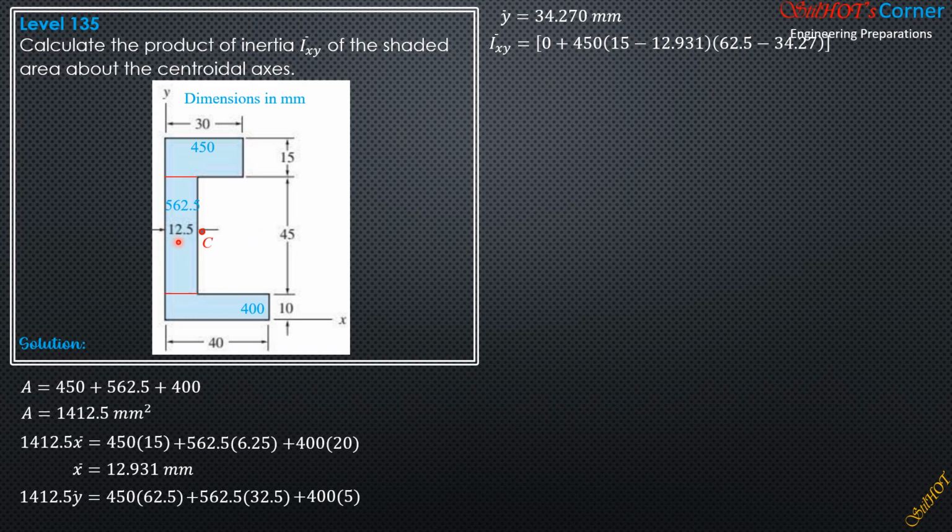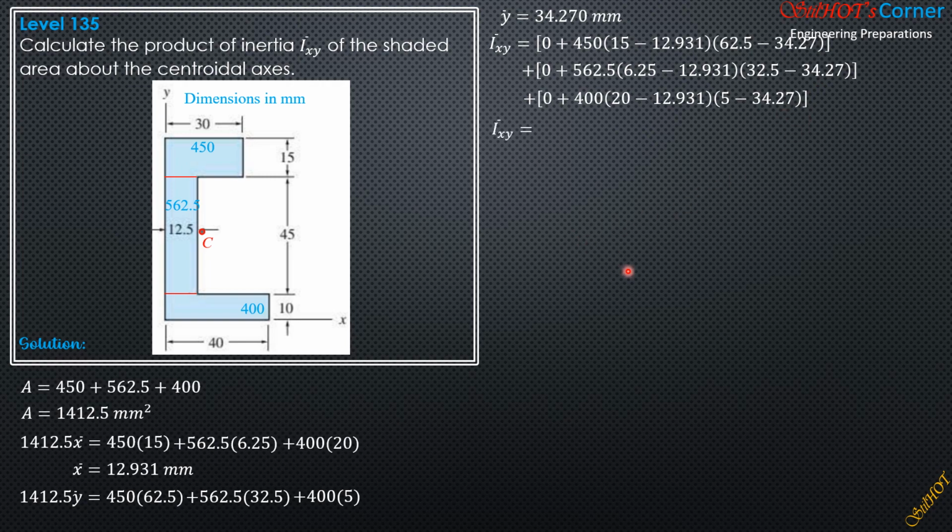Plus, for this next area here, with respect to the centroid 0, plus 562.5 times 6.25 minus 12.931 times 32.5 minus 34.27, plus this area here, 400 times 20 minus 12.931, times 5, y here is 5 minus the bar y of the entire area 34.27.